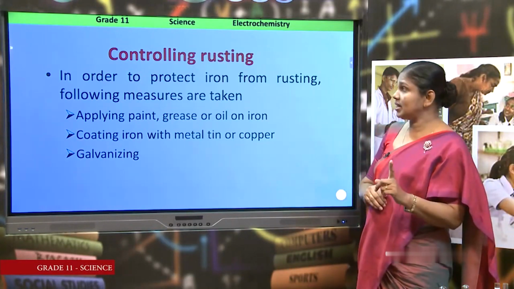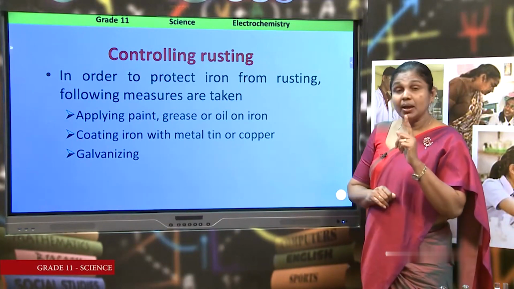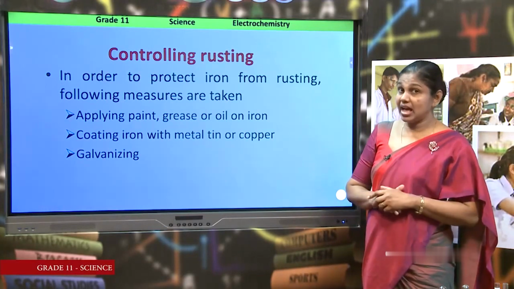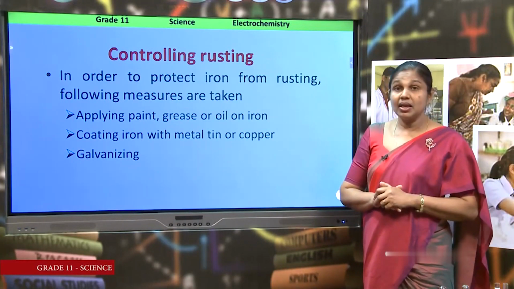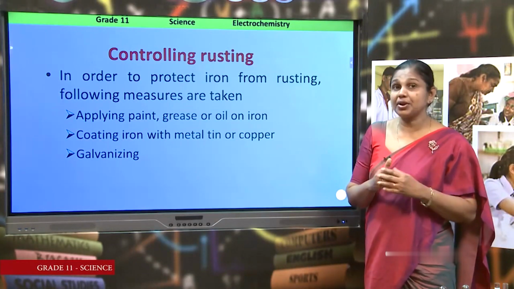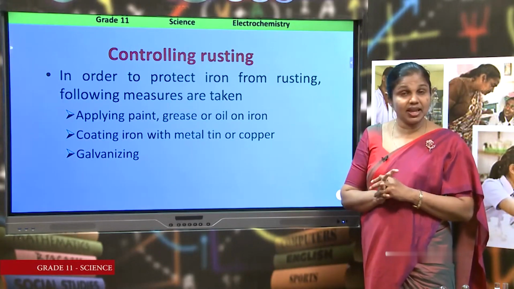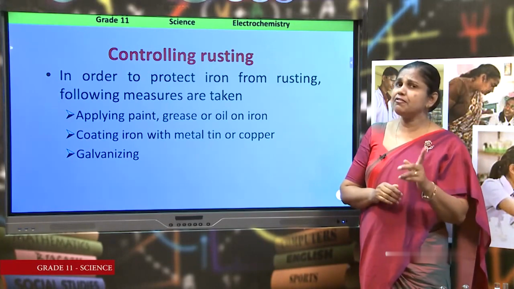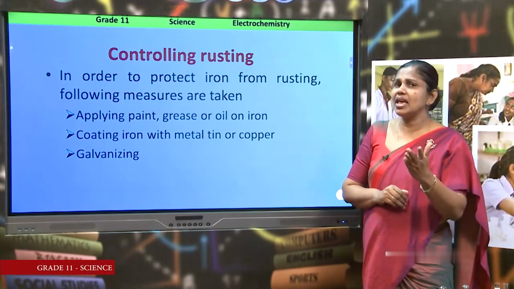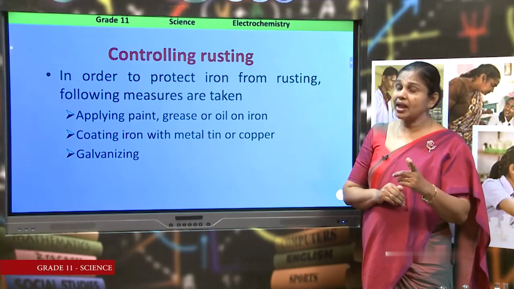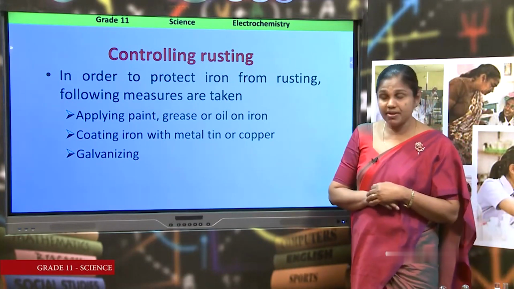We must protect the iron and we must prevent the iron from getting in contact with the essential factors like air and moisture. If we can prevent iron from getting in contact with air and moisture, we can prevent iron from rusting.